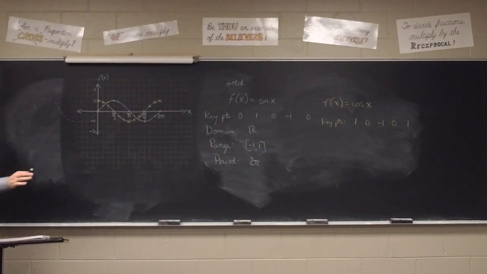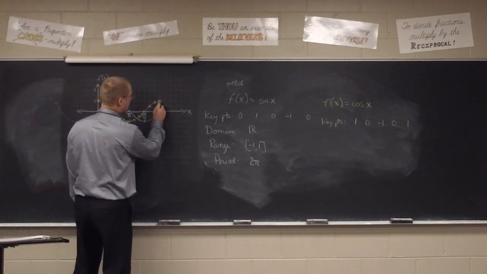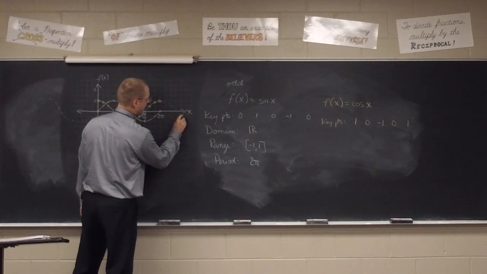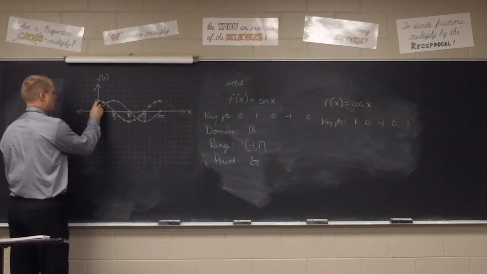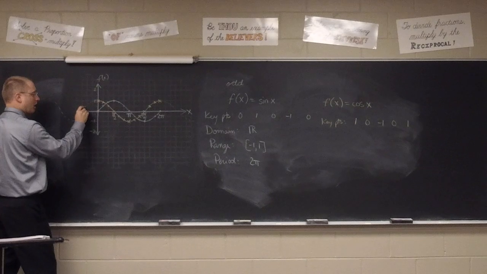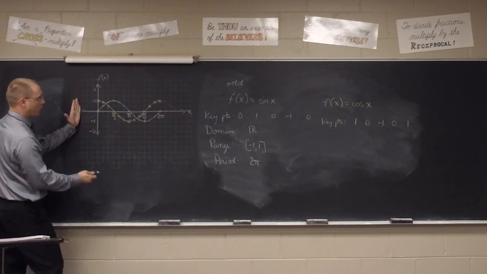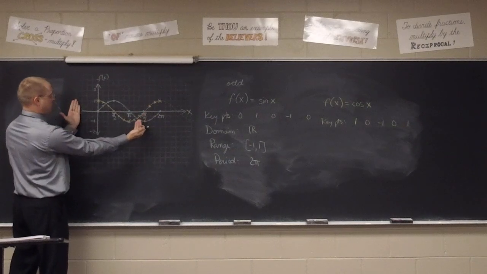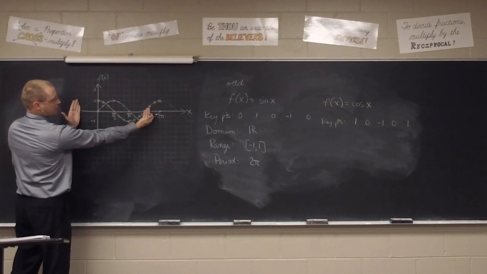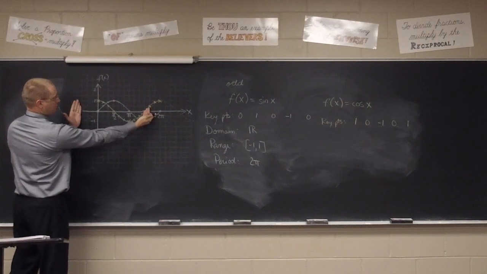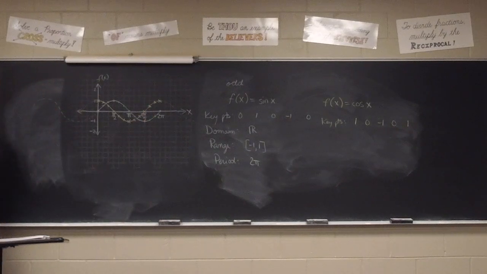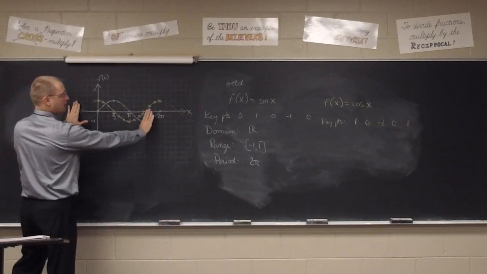Now, what's interesting is if I were to complete this, if I were to keep going, and keep going, I want to direct your attention right here. What does this look like if I just went from here to here, class? That's the sine curve, isn't it?